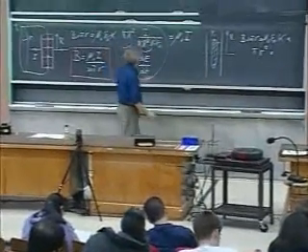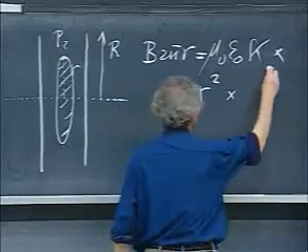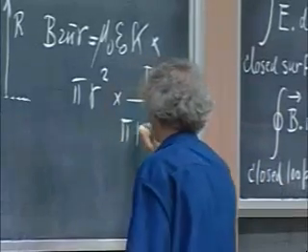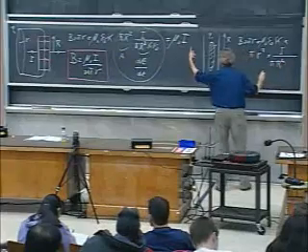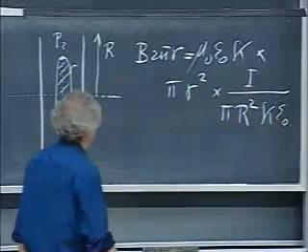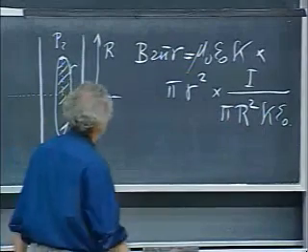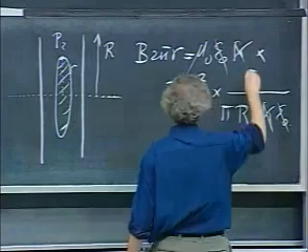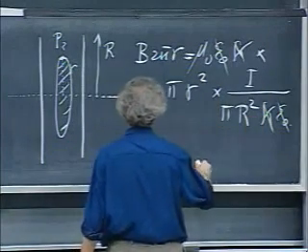So we get our current I divided by pi capital R squared divided by kappa epsilon 0. And now you're again losing a lot. You lose your epsilon 0, you lose your kappa, I lose a pi.